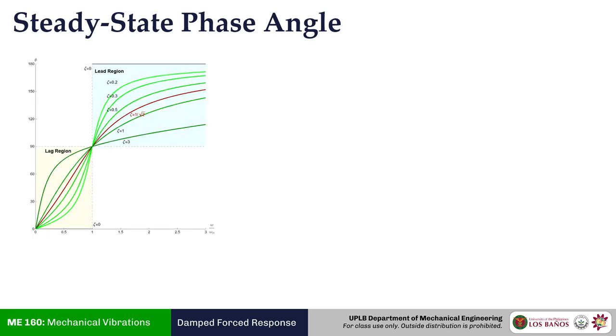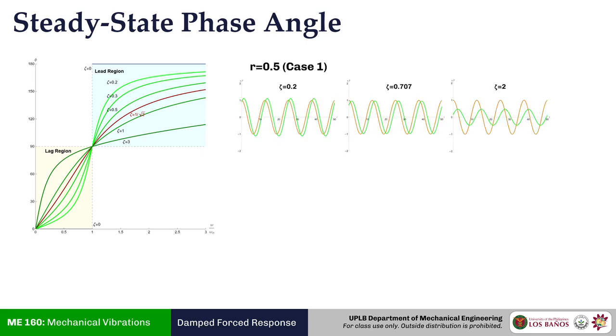For case 1 instances, ito yung itsura ng ating steady state response versus the forcing function. Forcing function is orange, steady state response is green. So, yung green function natin, habang mababa pa yung zeta, nakikita nyo, parang nahuhuli siya. Nauuna yung forcing function kay steady state response.